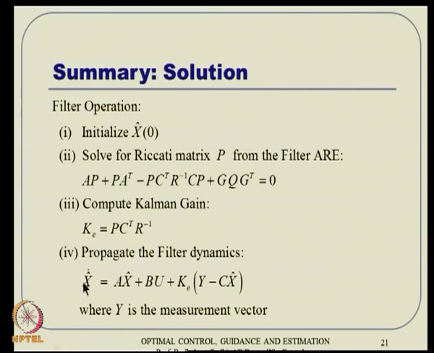So there is nothing unknown now. You can propagate this filter dynamics, and because of the nature of the solution, it is guaranteed to give stable tracking. That means the error x tilde, x minus x hat, will ultimately go to 0 as t goes to infinity.